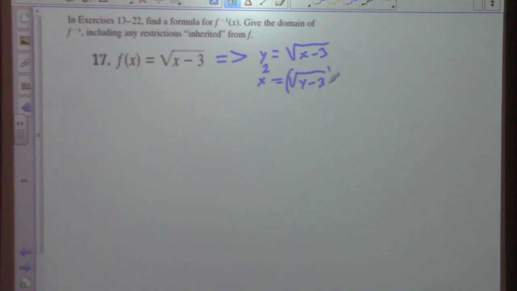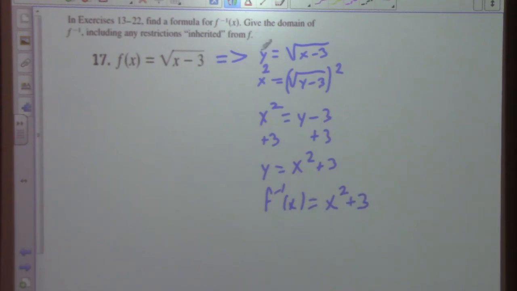Square both sides, right? So we get x squared is equal to y minus 3. And so y is equal to x squared plus 3. So f negative 1 of x equals x squared plus 3.